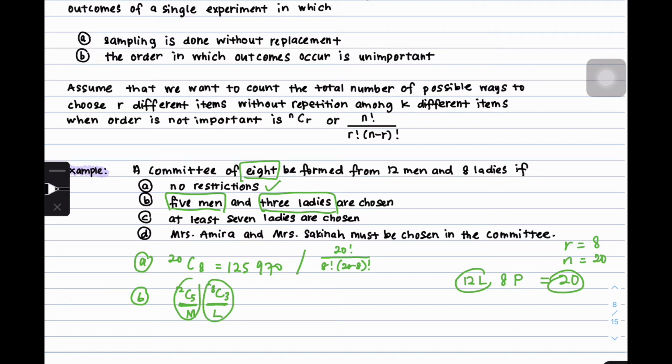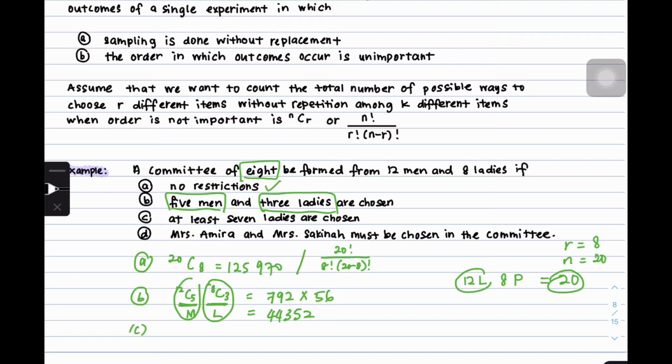Okay, 12 choose 5, you will get directly from your calculator, 792. Okay, multiply by 8 choose 3, you will get 56. So you multiply both of them, you will get is equal to 44352 ways. Okay, so ini ada 2 benda yang berbeza.